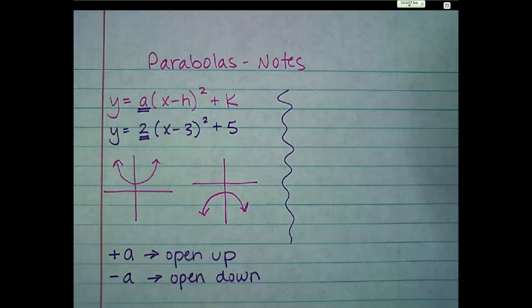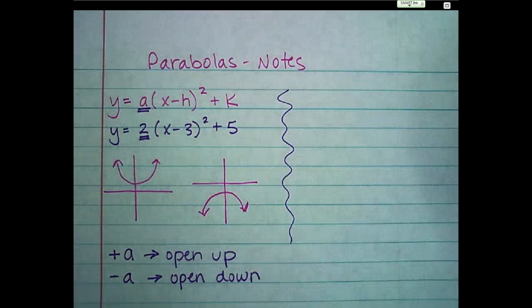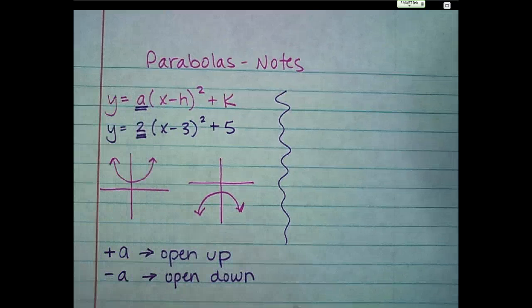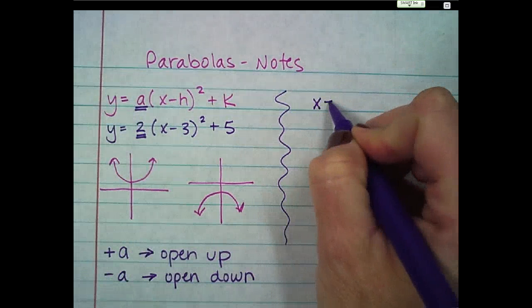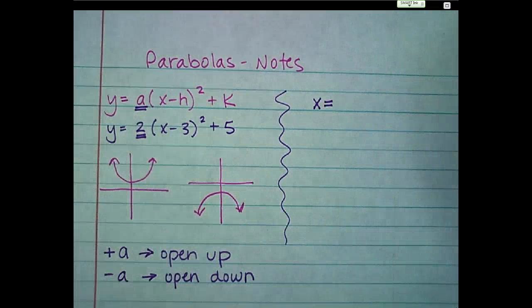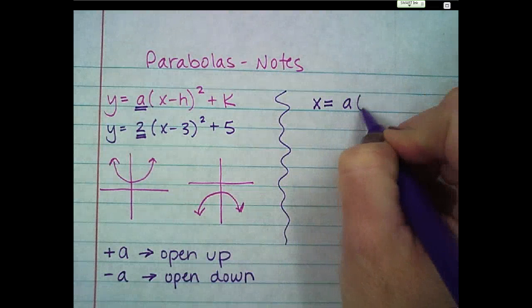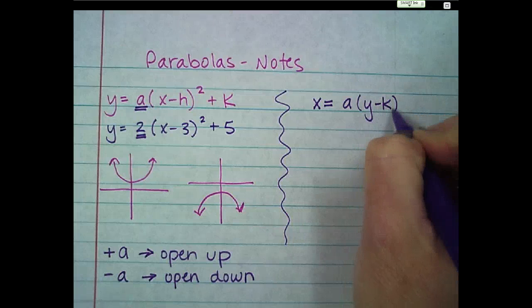Okay. Now, the other side is instead of it being y equals, you sometimes will have it written with an x equals, because all parabolas don't open up and down, right? They could open left and right. So if it doesn't say y equals, it might say x equals, okay? And if it says x equals, it's going to look like x equals a times y minus k squared plus h.